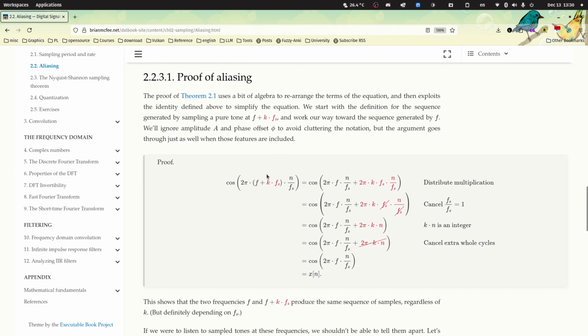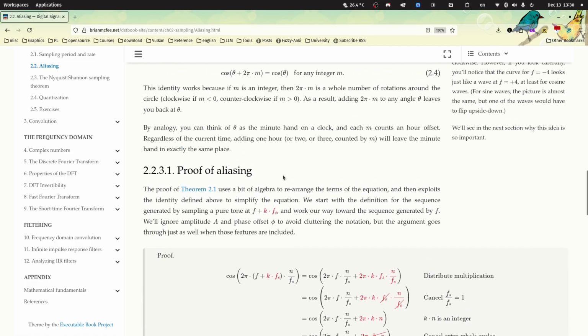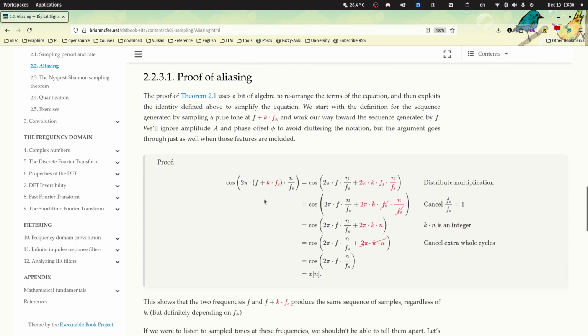We start from the aliased high frequency signal, and then we expand and do some cancellation, and we get 2 pi times k times n. Because k and n are integers, this is an integer, and then we can just remove that part.